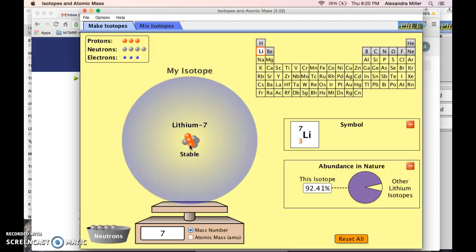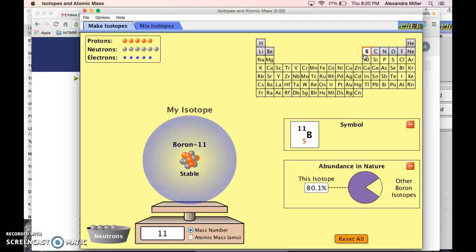That's not as important as just understanding that it's the most common. Most of the lithium atoms in the universe are going to be lithium 7. Let me see what I can teach you about this.